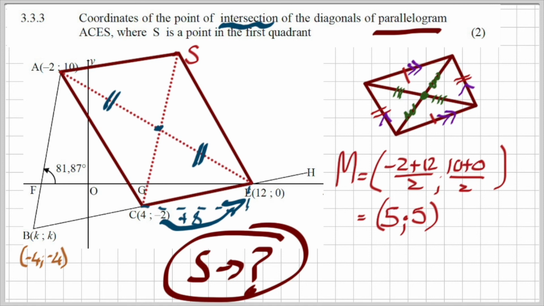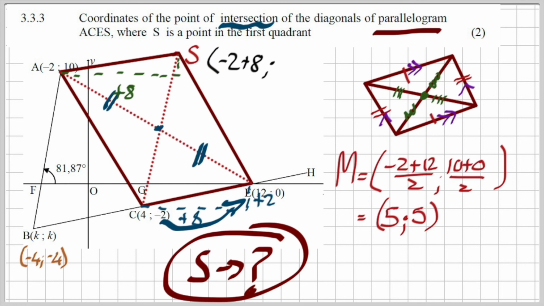To go from 4 to 12, I go forward 8 units. And secondly, I go from -2 to 0, so I go up 2 units. I'm going to replicate that. So to go from A to S, I'm going to go forward 8 units.